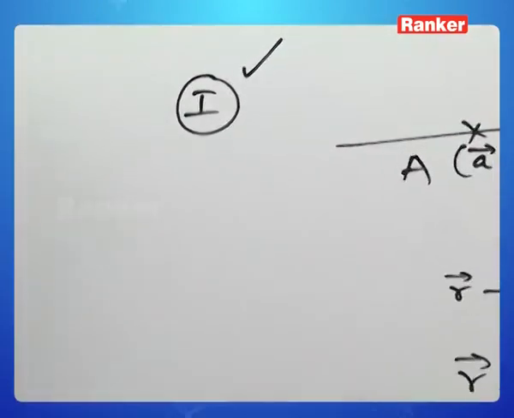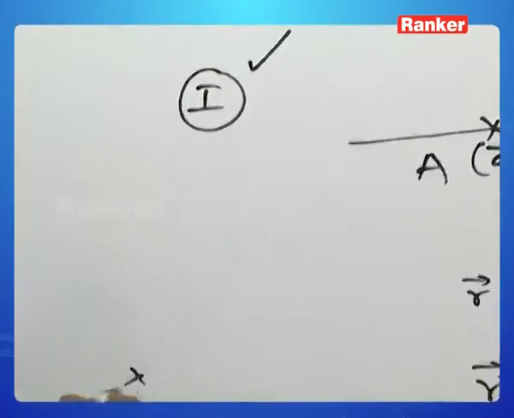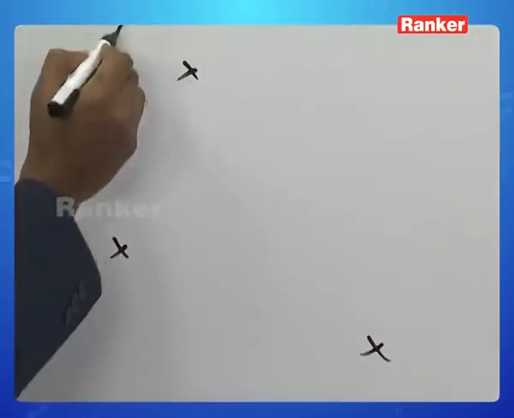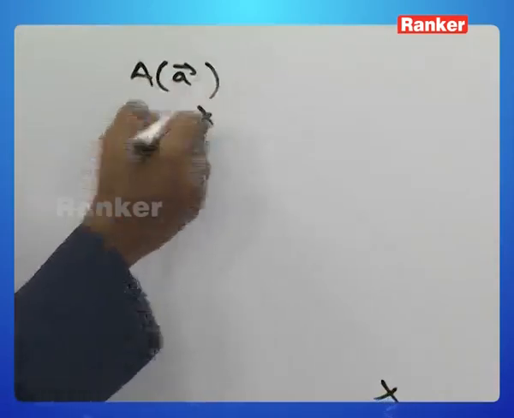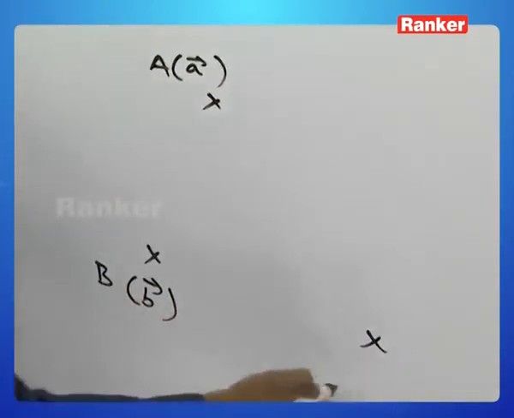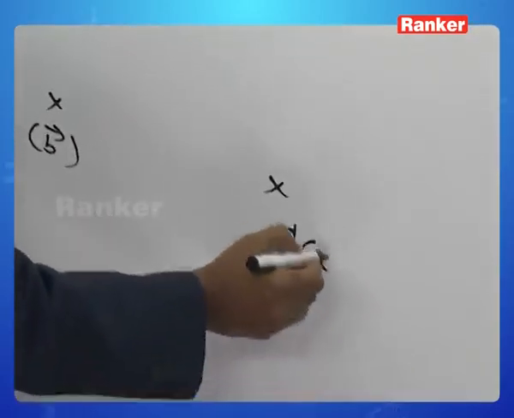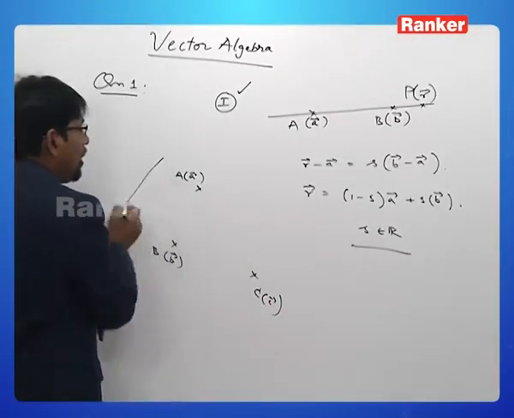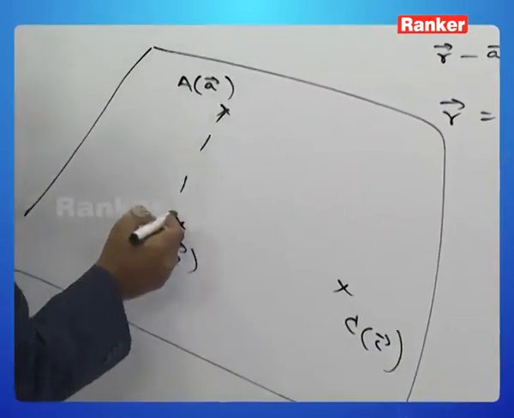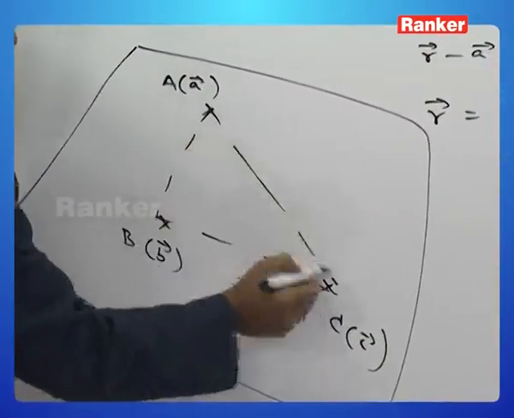Coming to the second one, suppose you have 3 non-collinear points whose position vectors are A bar, B bar, C bar. There will be a unique plane passing through them, because we can construct a triangle out of them.